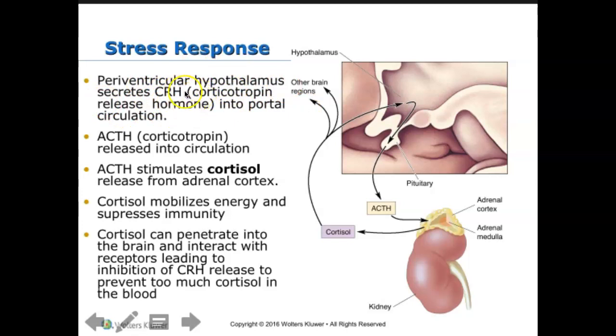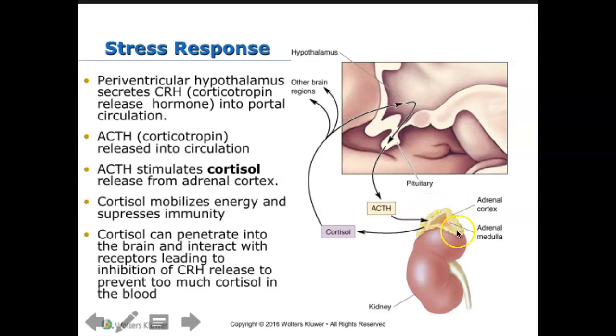Okay, so these will be released into the portal circulation within the anterior pituitary, and the glandular cells there will respond by releasing ACTH. Now, ACTH is going to get in the bloodstream, and the target cells are in the cortex, so in the inner portion of the adrenal glands.